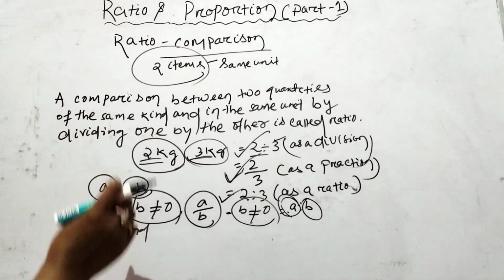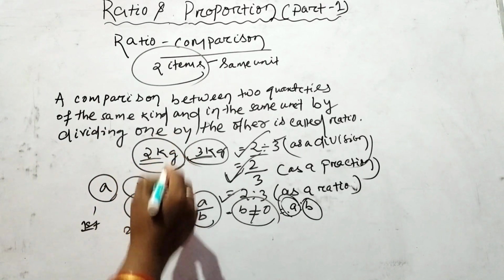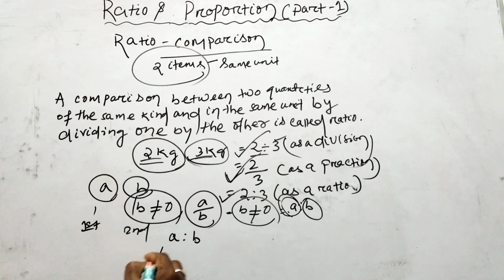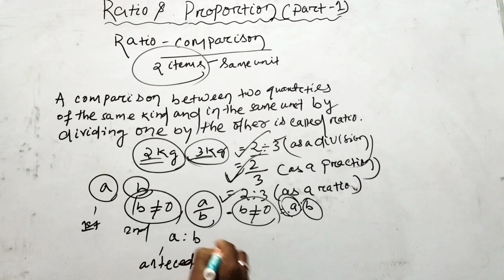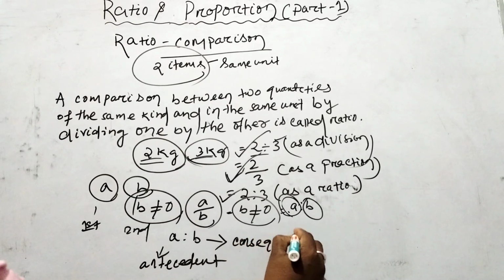The first term is called the antecedent and the second term is called the consequent. So in A is to B, A is the antecedent and B is the consequent.